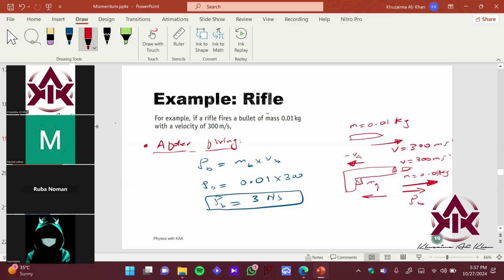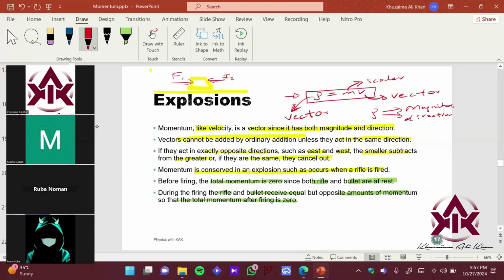That is going to be the momentum of the gun, right? So using the principle of conservation of momentum, before firing, the total momentum was 0 Newton second. This is the combined momentum of the gun and the bullet, right?